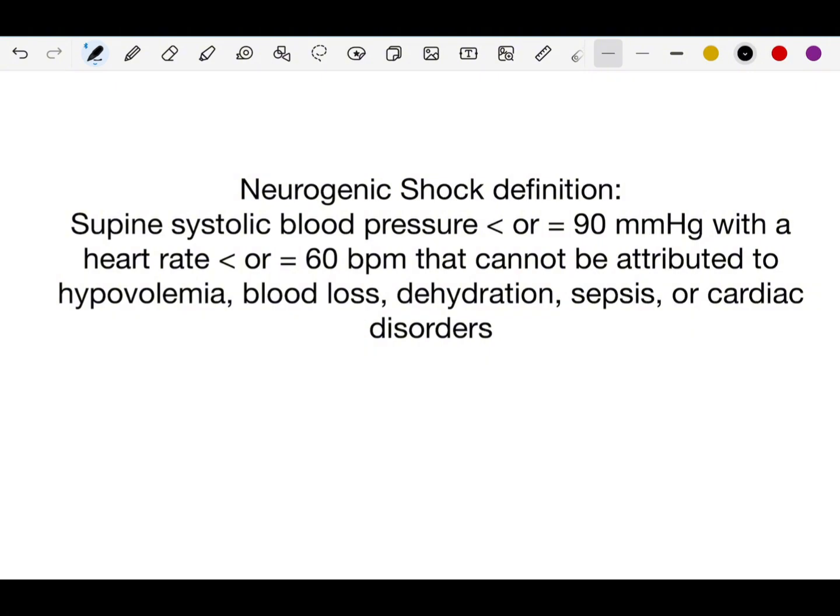The hypovolemia, blood loss, dehydration, that again makes it seem like a diagnosis of exclusion, but a lot of the time, if you have someone who was involved in a really bad trauma and they can't move anything, obviously in a bad trauma you're still thinking about hemorrhagic shock from blood loss, but neurogenic shock I've almost exclusively seen in the setting of a traumatic spinal cord injury. That's not to say that that's the only way that you could see it.